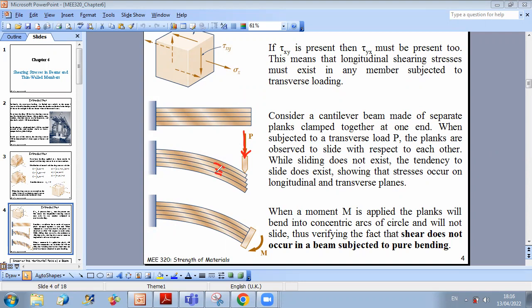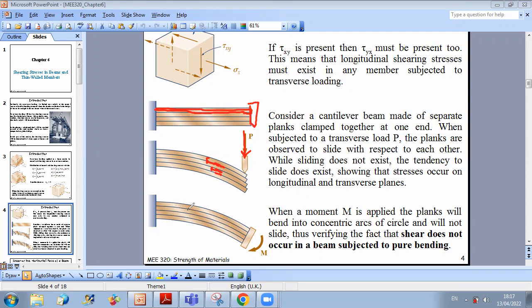And this is due to the development of shear stresses in this direction. While sliding does not exist, the tendency to slide does exist, showing that stresses occur on longitudinal and transverse planes. What do we mean by this? In the first figure, you have the ability of sliding between the different parts, because they are not adhering to each other.